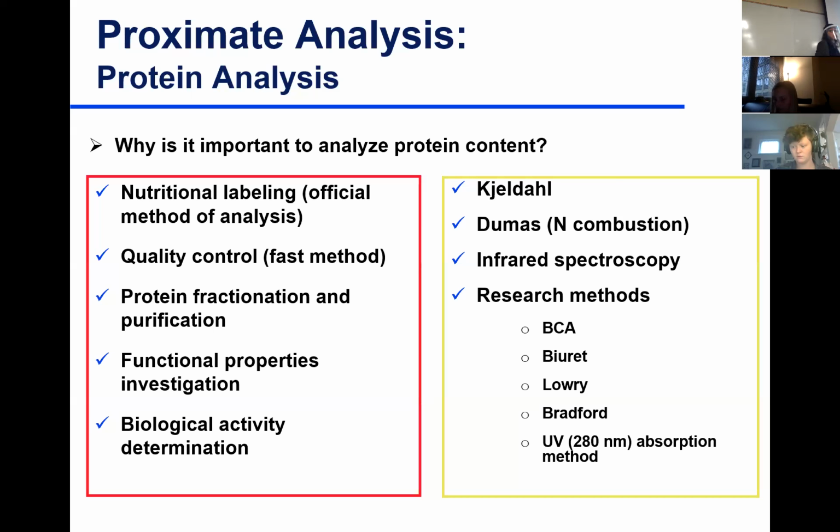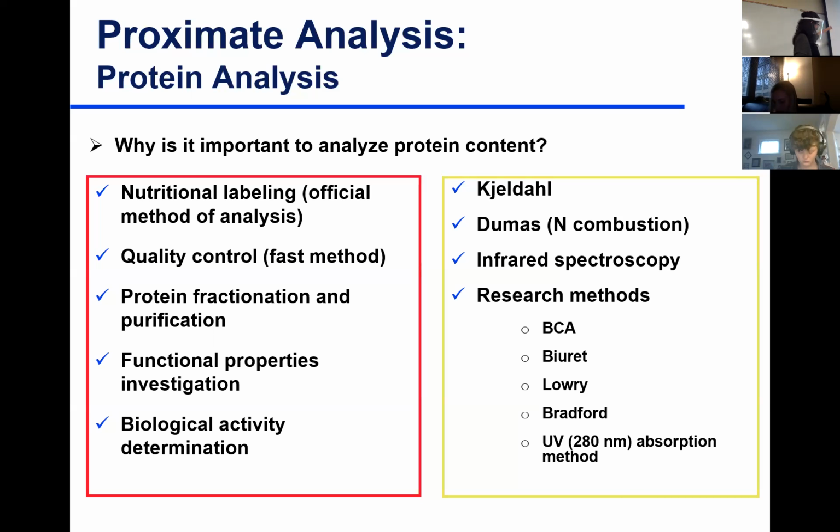And sometimes the biological activity is not necessarily enzymes. Sometimes you have antihypertensive peptides, which are components of a protein. And you want to know the activity, antihypertensive activity, or the antioxidant activity per gram of protein. So that's biological.